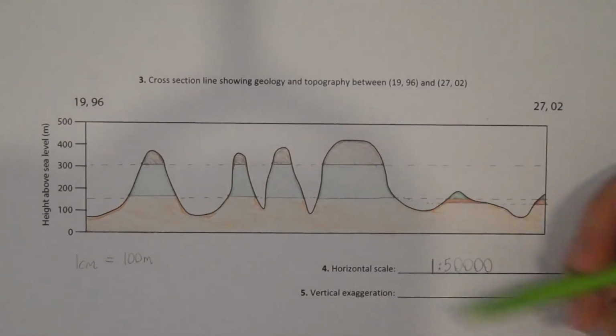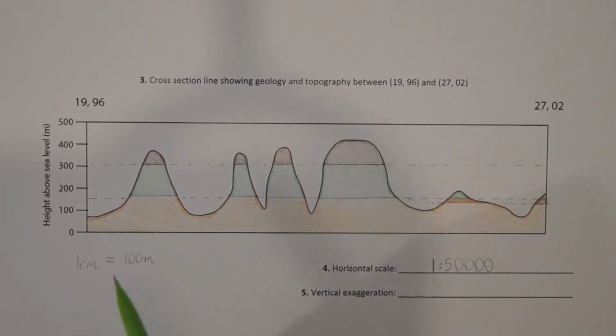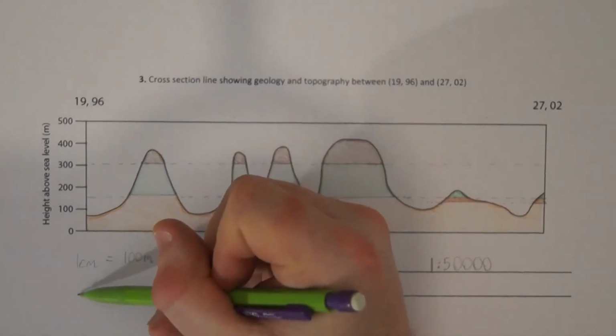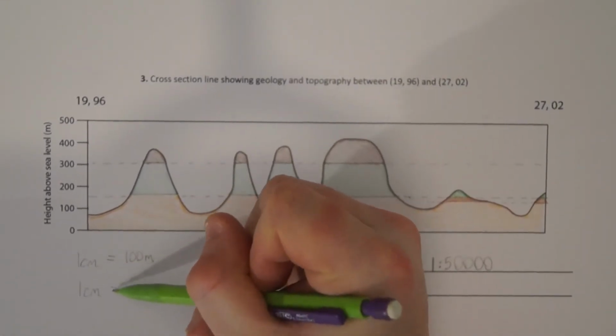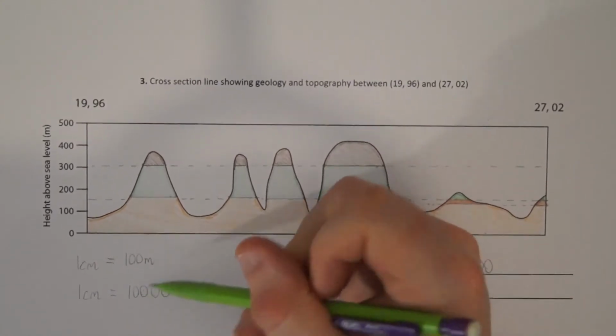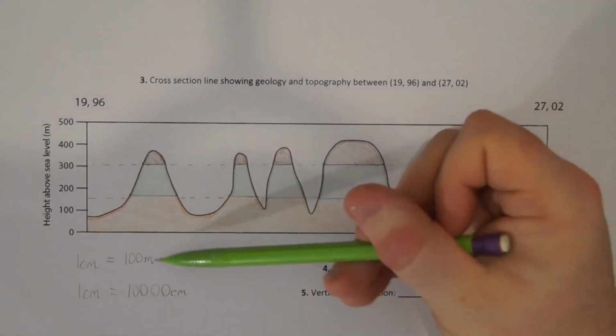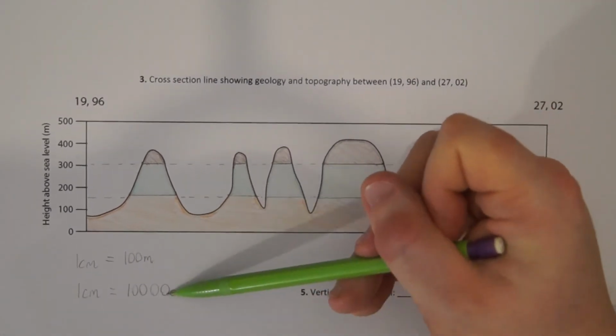Now if we try and work out what the scale factor is, this 1 centimetre on our cross section is equal to 100 meters in real life. Another way to say that is 1 centimetre equals 10,000 centimetres. What I've done there is just converted meters into centimetres.